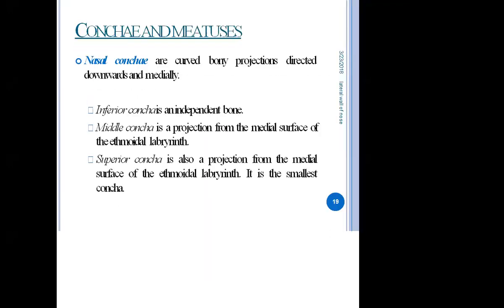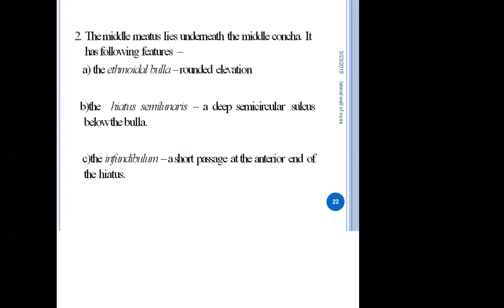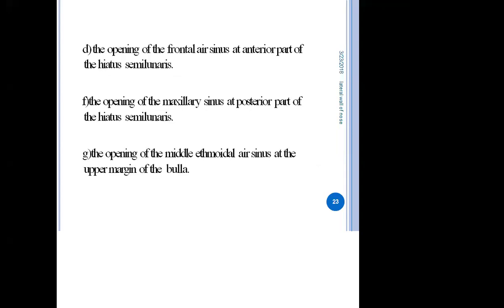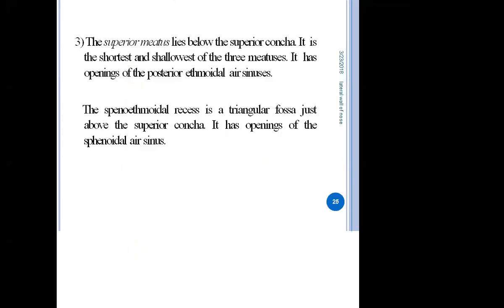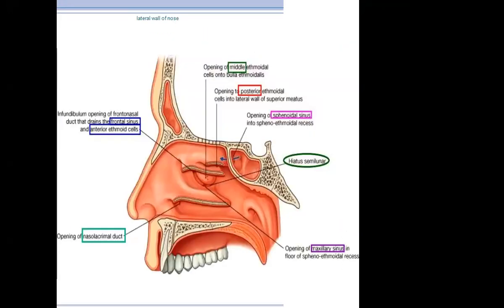The most important things are the nasal conchae. Below the conchae are the meatus, and we will have the openings in the meatus. The middle meatus will have important features: bulla ethmoidalis, hiatus semilunaris, infundibulum. Then we'll have the openings. So that is about the lateral wall of the nose.